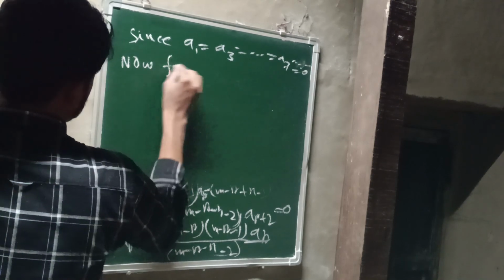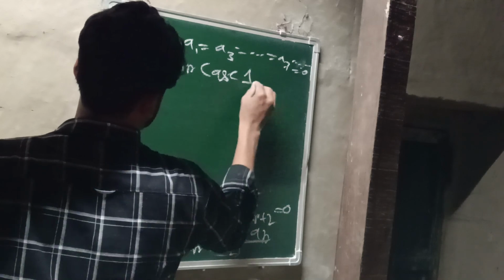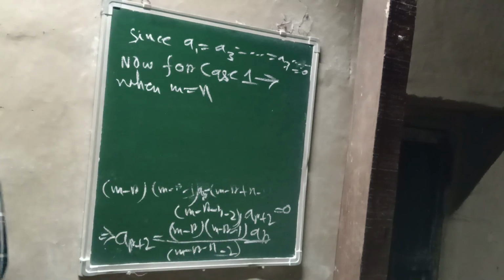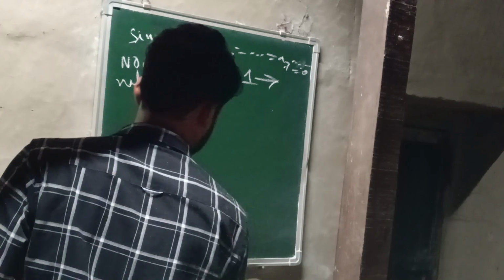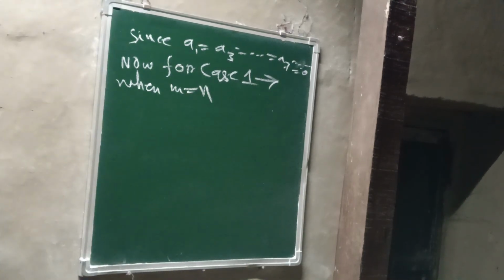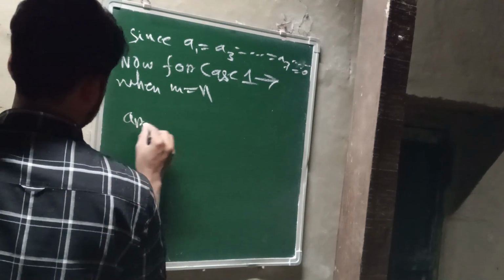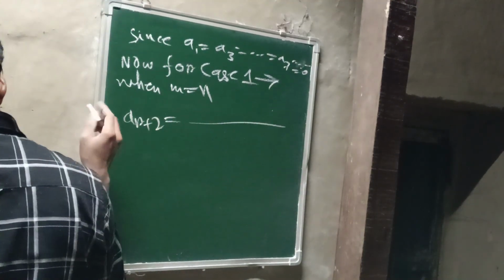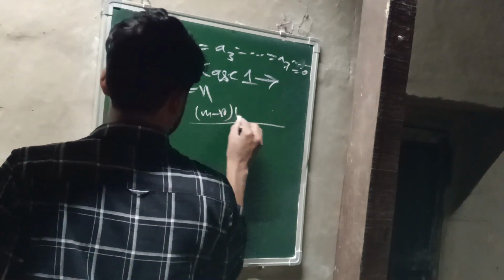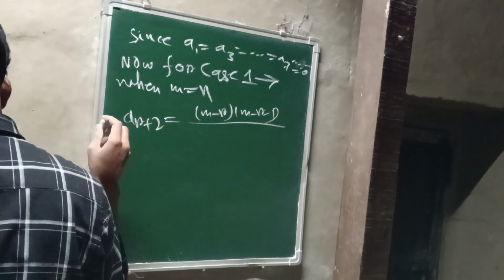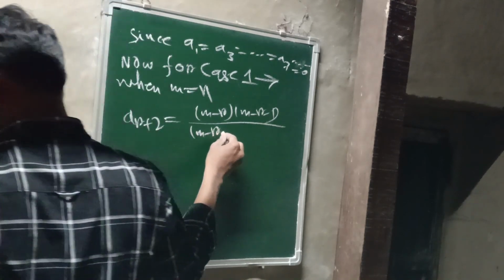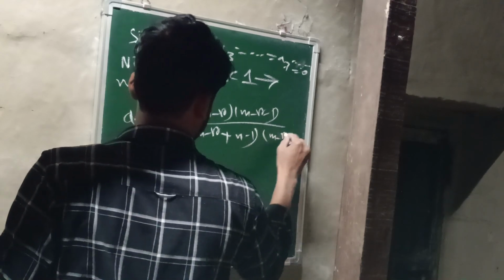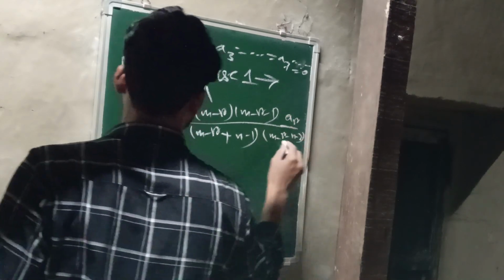Now for case 1, when m equal n, we get ar plus 2 equal (m minus r)(m minus r minus 1) divided by (m minus r plus n minus 1)(m minus r minus n minus 2) into ar.